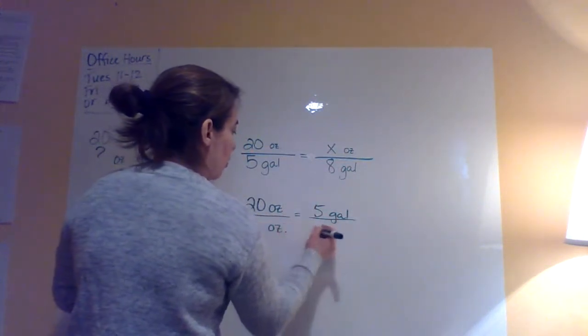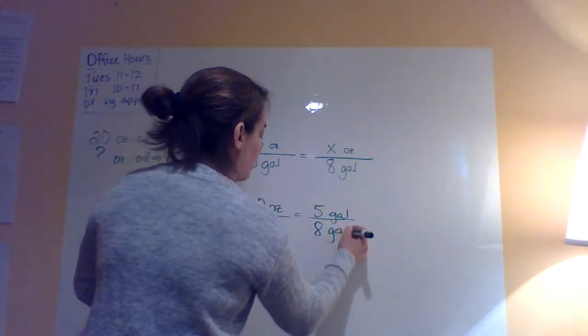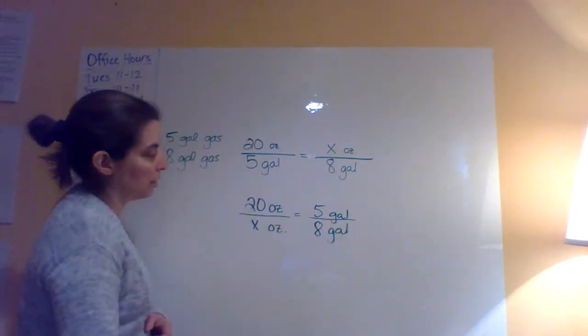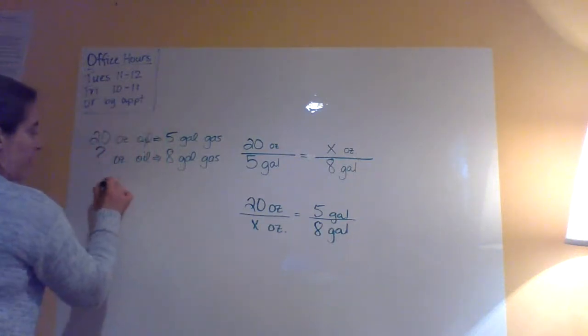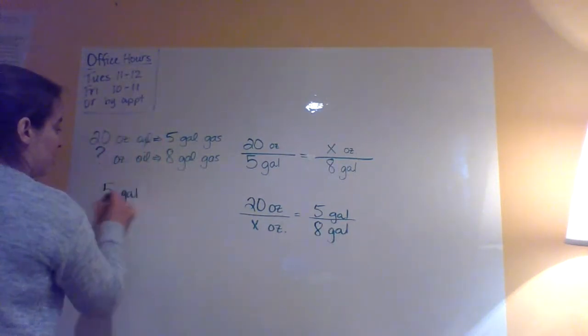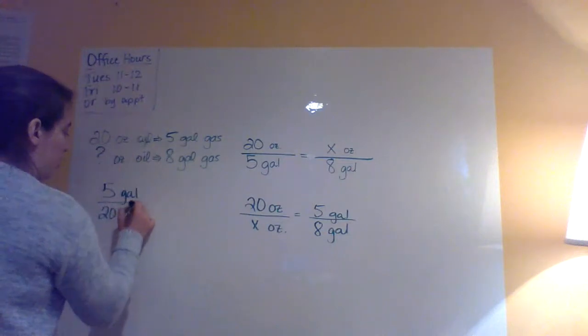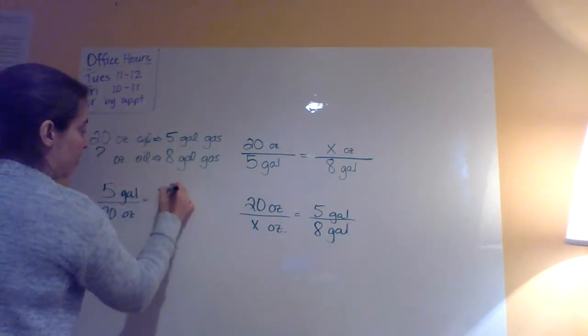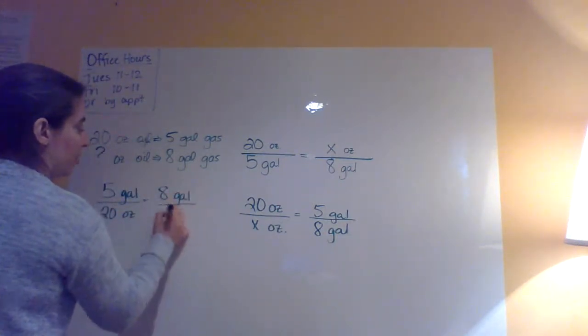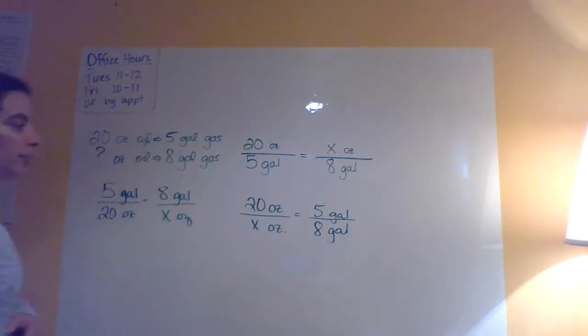How many ounces of oil goes with 8 gallons of gas? You could have thought of it this way. 5 gallons of gas needs 20 ounces of oil. 8 gallons of gas needs how many ounces of oil?